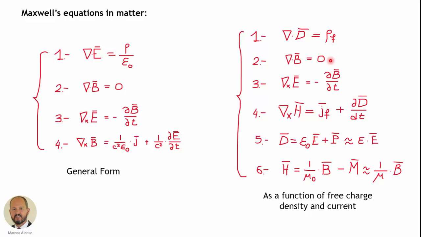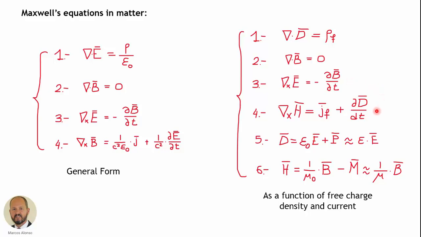The divergence of B equal to 0 means that the flux of B through any closed surface is equal to 0. And for these other equations that use the curl of the field, we can employ the Stokes theorem. So for example, this one here means that the line integral of E along any closed curve is equal to minus the derivative of the flux of B through this closed curve.